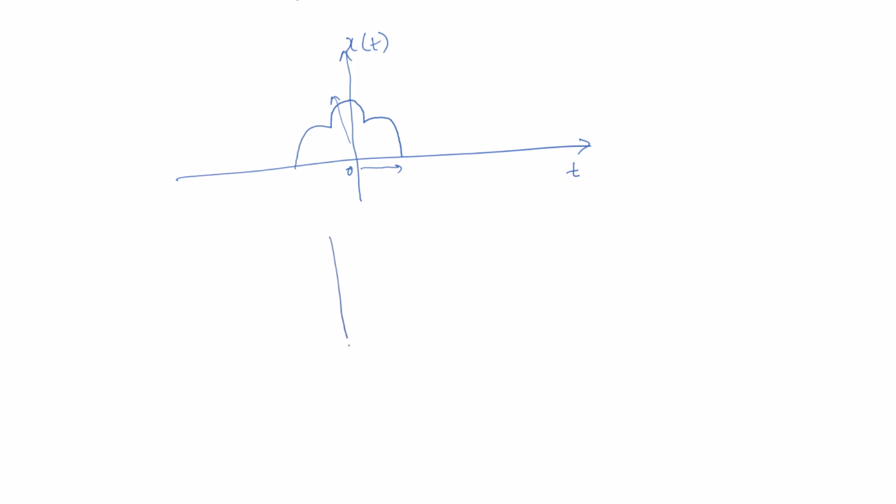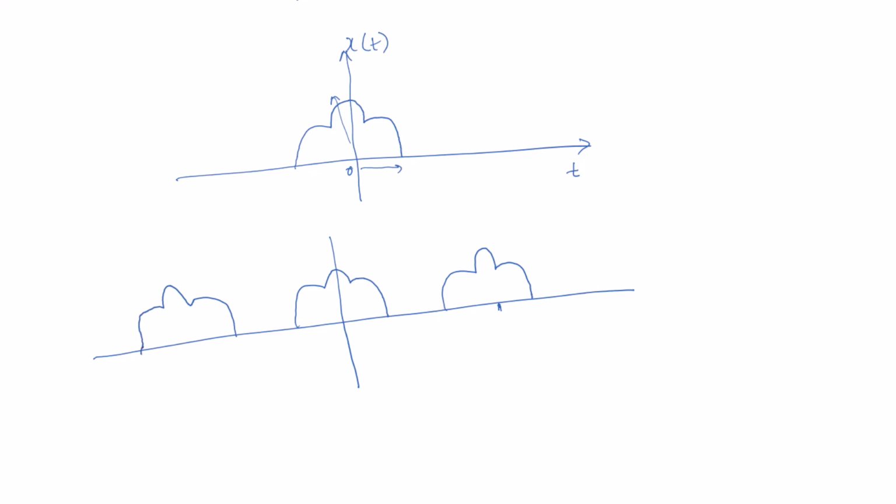what we do is make copies of the same signal x(t), similarly on the minus x-axis. So let's say we have a time period of capital T, this is minus T and 0.